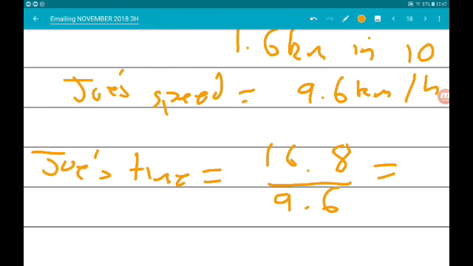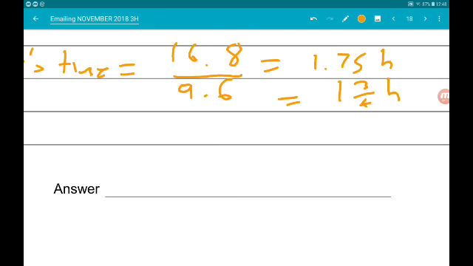Now we know Joe started at 9:30, so he finishes at, well, 1 hour after 9:30 is 10:30, 3/4 of an hour after 10:30 is 11:15 a.m. Boom.